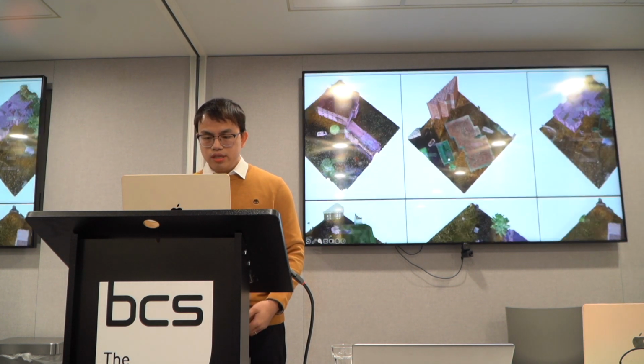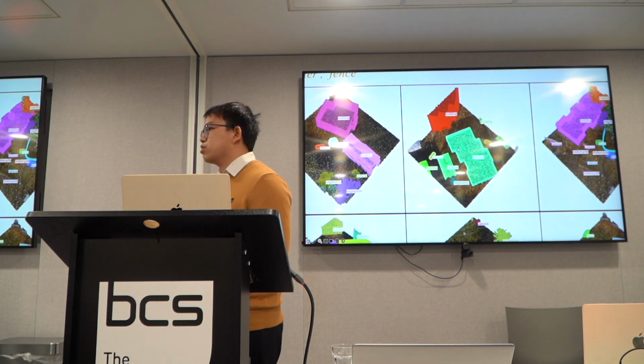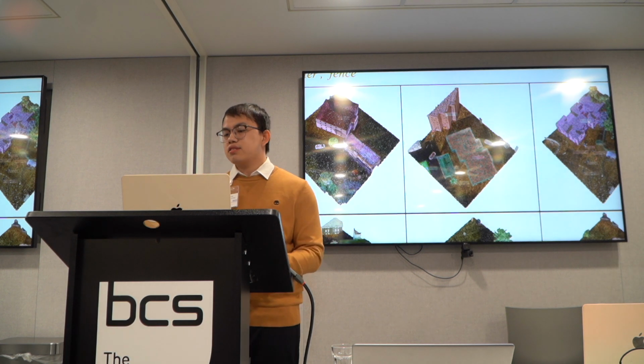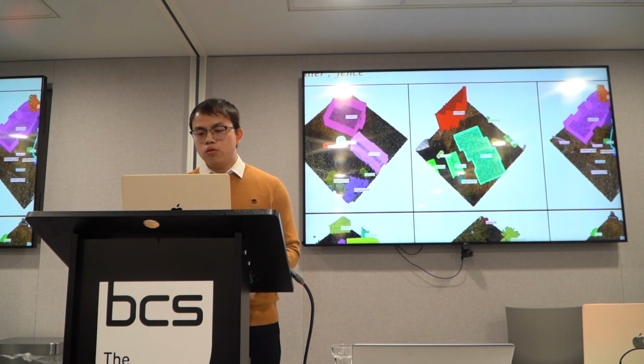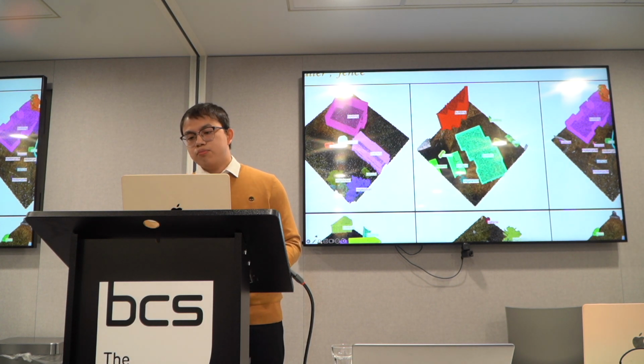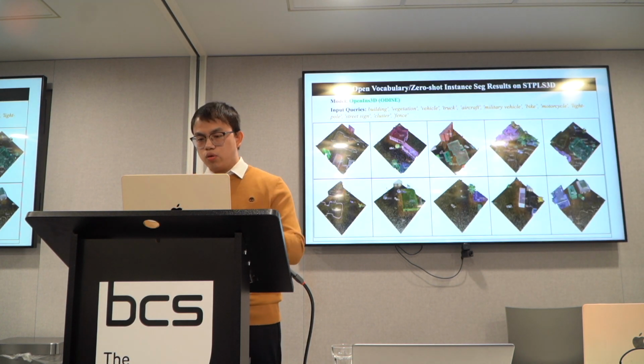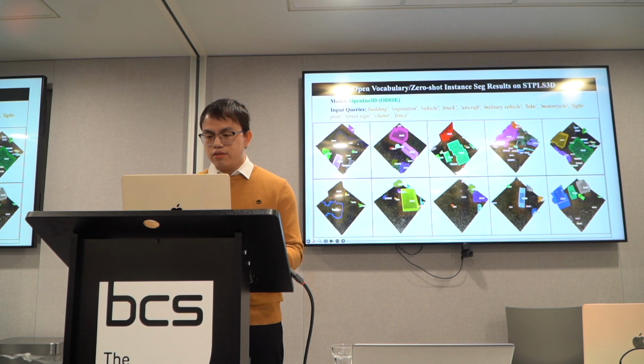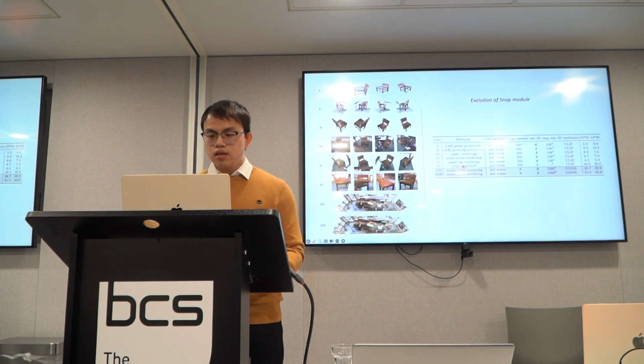Let's have a look at some outdoor datasets, like this one, STPLS3D, which is a quite sparse point cloud. But with this snap and lookup approach, we are able to understand things like buildings, trucks and vegetation relatively well. Of course, there is still some gap to fill in the future.